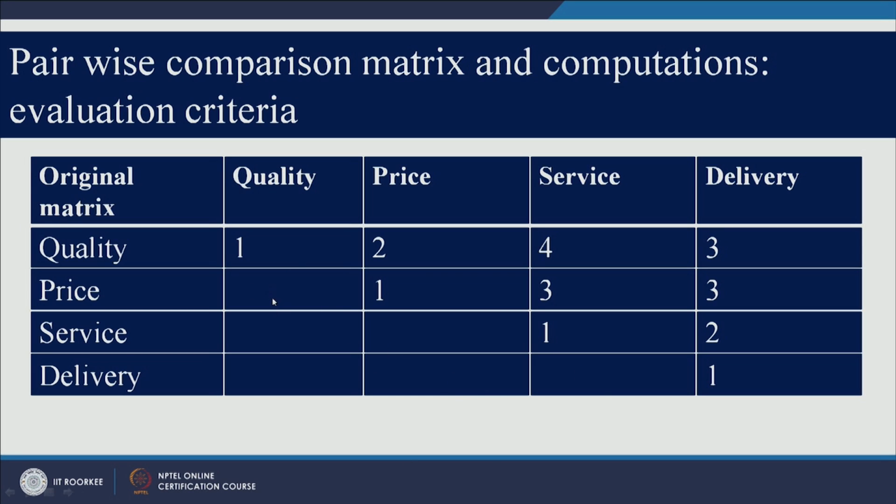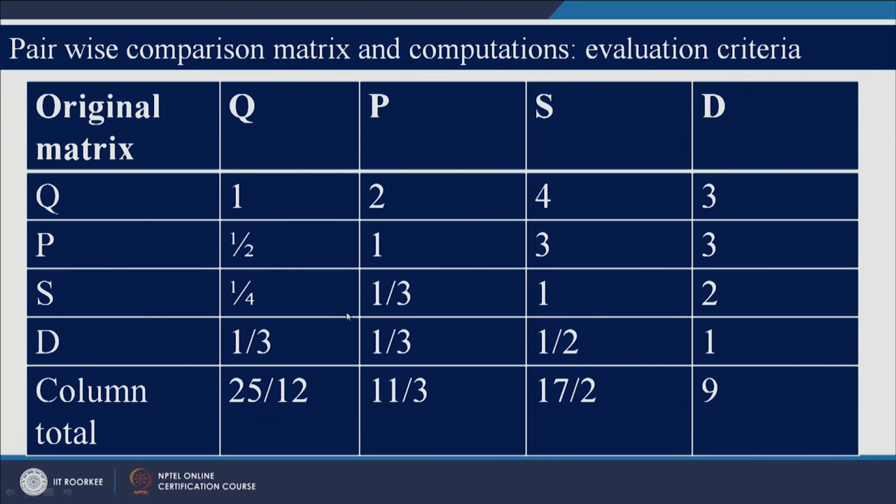You need not get data from these empty cells. All these cells would be filled by just taking the inverse of these values. So, here it would be 1/2, here it would be 1/4, here it would be 1/3, right, here it is 1/3, again 1/3 and 1/2. This is how you can fill the remaining cells, or the lower triangle, of the matrix.